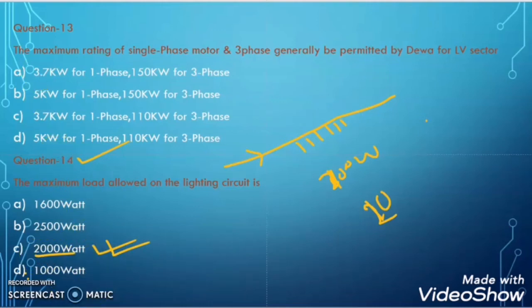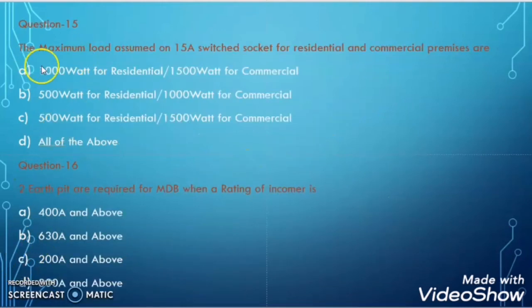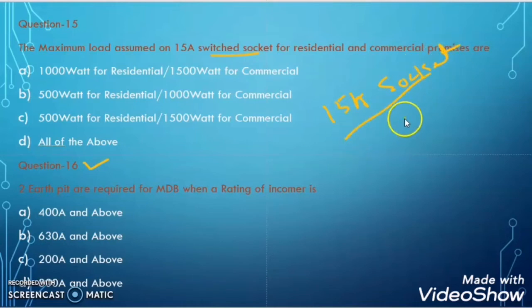Now let us move to our next question. Question number 15. The maximum load assumed on a 15 ampere switch socket for residential and commercial premises. As per DEWA regulation, a 15 ampere socket is assumed to take a load up to 500 watt.